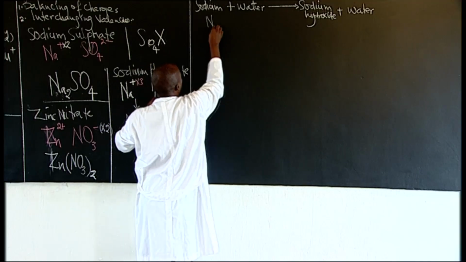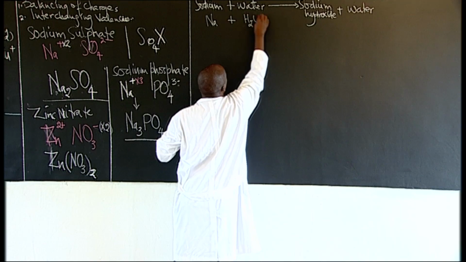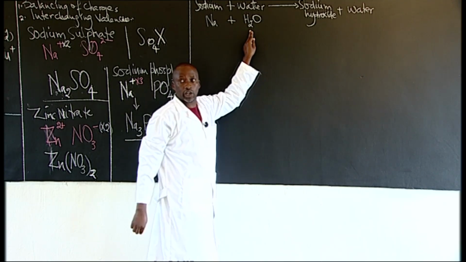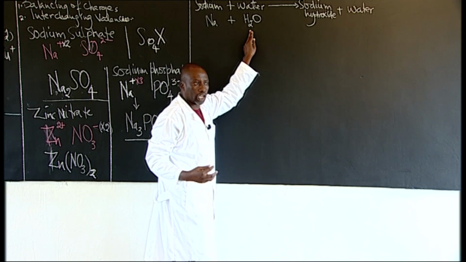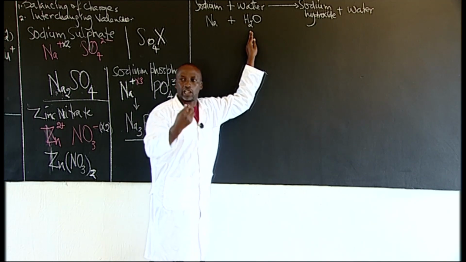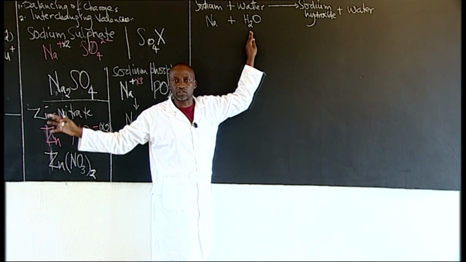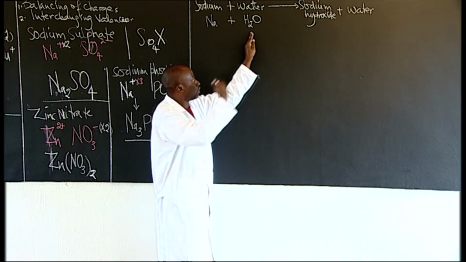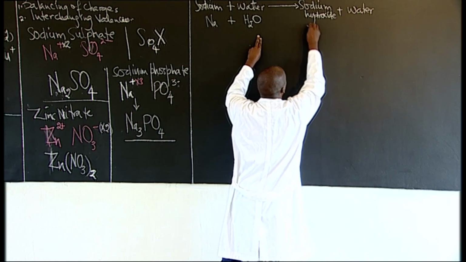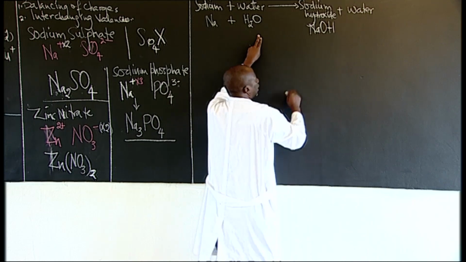This is sodium, this is water. You need to remember the formula for water. What is the correct formula for sodium hydroxide? So you need to know sodium hydroxide. How do they combine? What are the charges, as we have seen from the radicals, because this is the compound. Then this is sodium and hydroxide will be written like that.